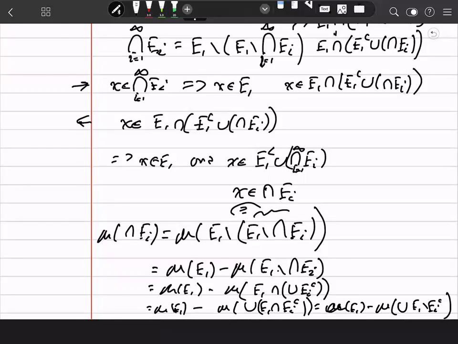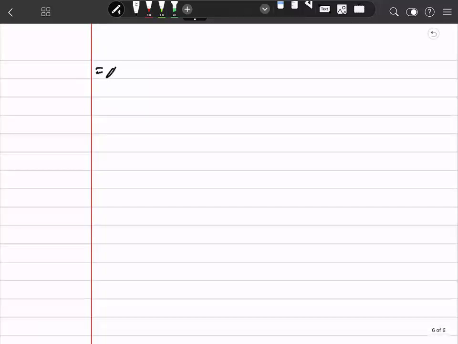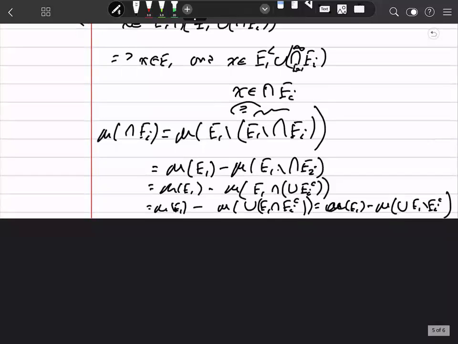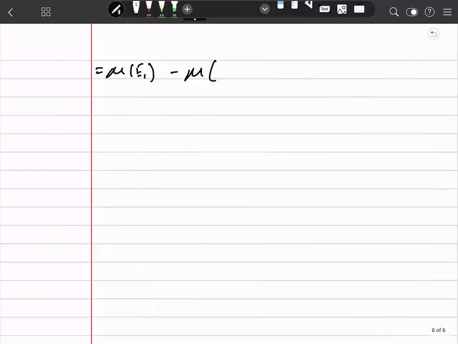So let's write it on another page. So we have, this is equal to mu of E1 minus mu of the union of E1 minus EI.